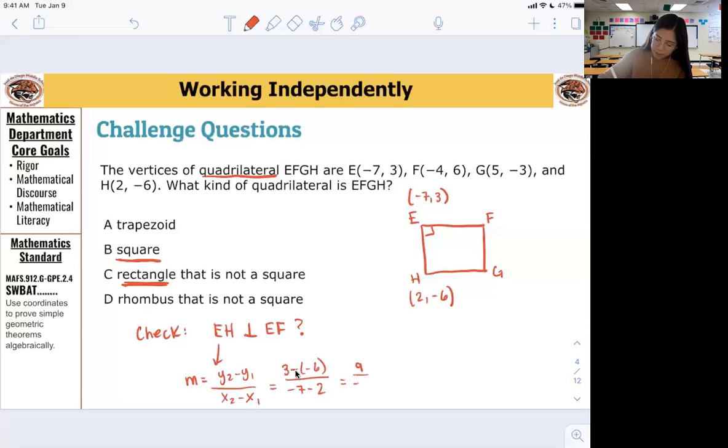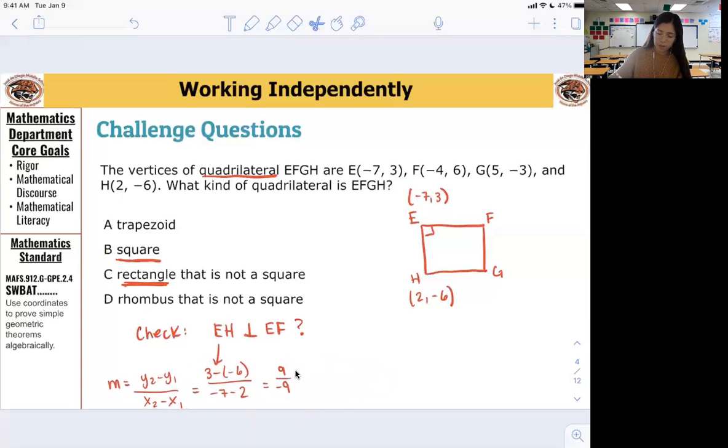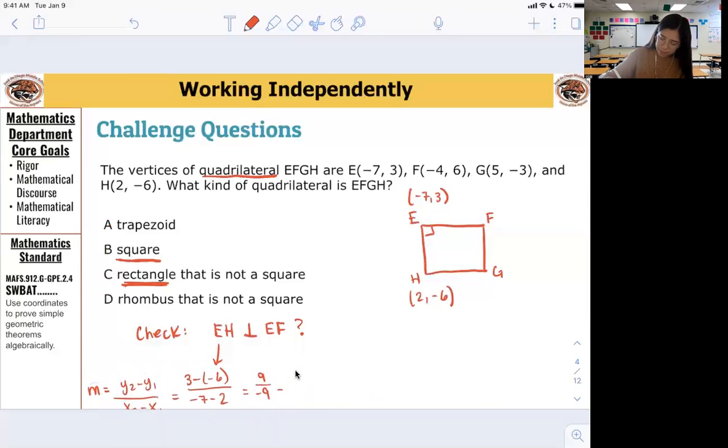Good. And 9 divided by -9? -1. That's correct. So we get -1.